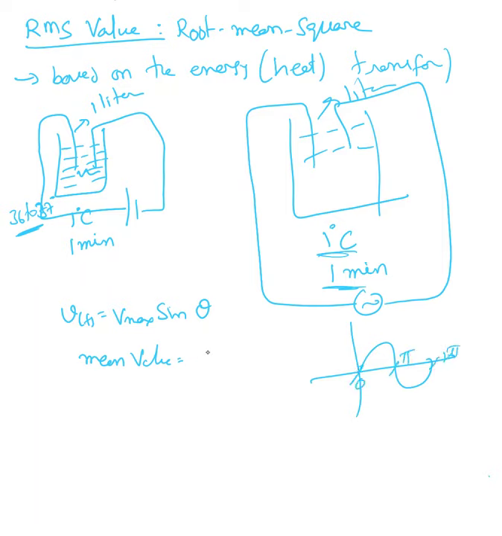So the mean value is nothing but, oh, this is the mean square value, not the mean. Mean square value is 0 to 2 pi of v of t whole square. That v of t equal to V max. V max is independent of the quantity, so sine theta, or sine square theta. V max square sine square theta.